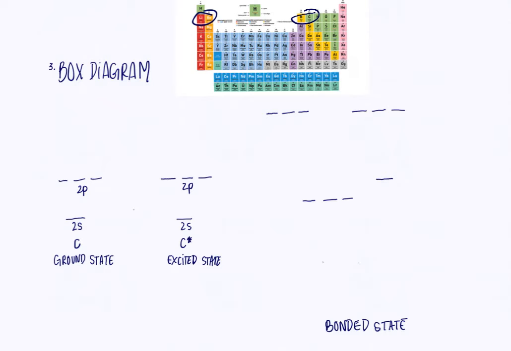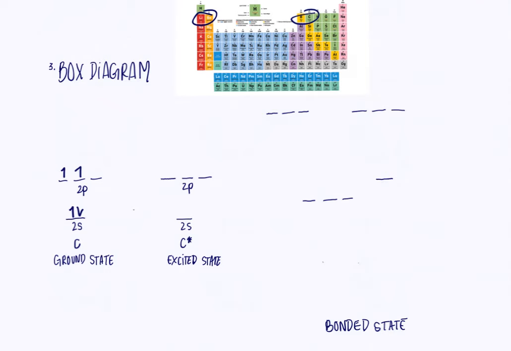So there are going to be 2 electrons in the 2s orbital, and there are also going to be 2 electrons in the 2p orbital. We have to keep in mind that we do have another carbon to bond to the carbon that we're drawing here for its box diagram.